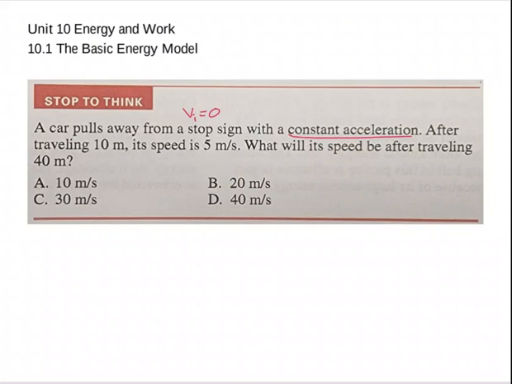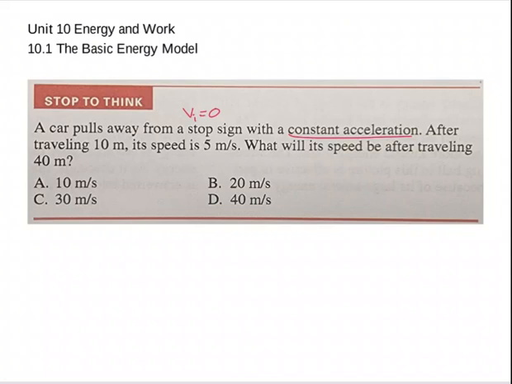Okay. So now from kinematics, way back in the beginning of the year, here we're at the end of the year. Which kinematics equation deals with constant acceleration and initial velocity?